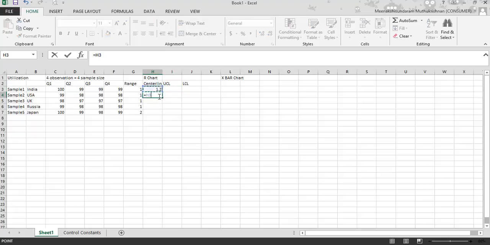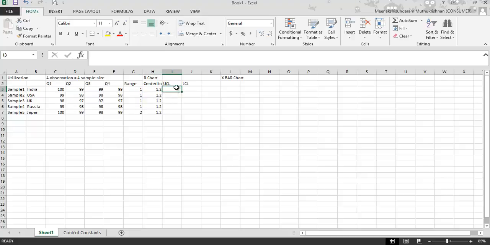I'm just going to use the same formula, just for creating the chart. I have to create a chart in Excel, so that's why I'm using the same data here, because there's only one data for that.